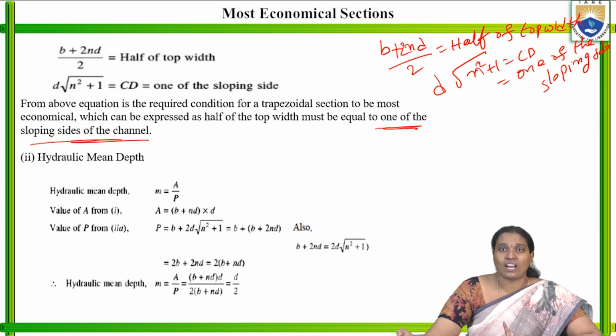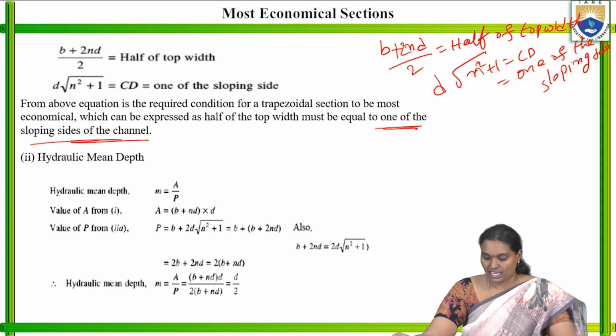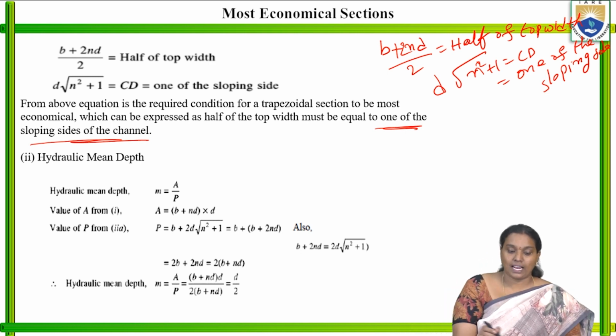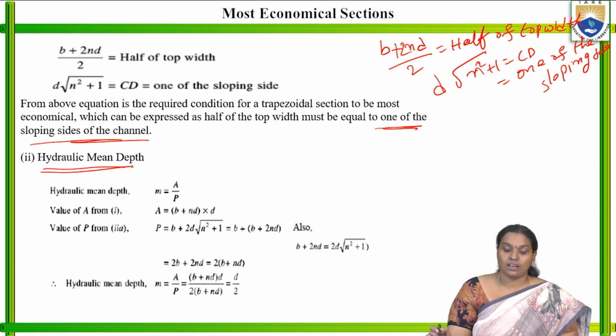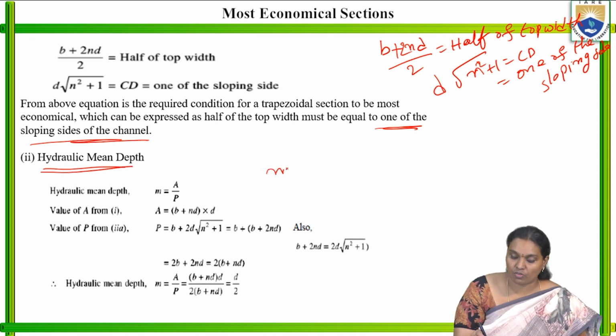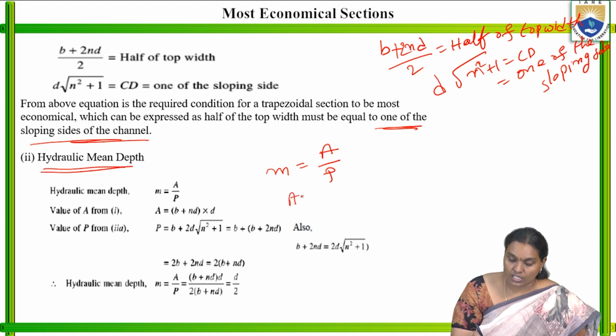This is one of the conditions for a trapezoidal channel section. Similarly, based on hydraulic mean depth: hydraulic mean depth m is equal to A by P. So A is equal to B plus nD into D.